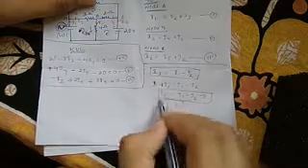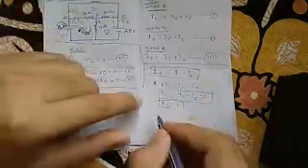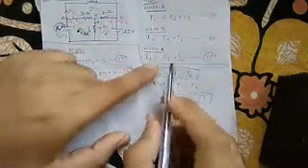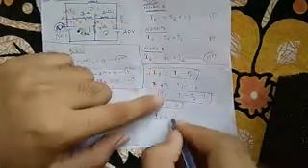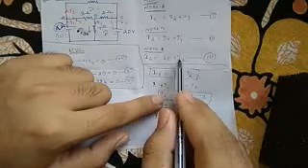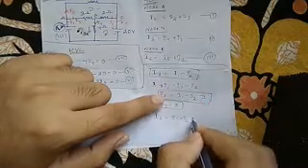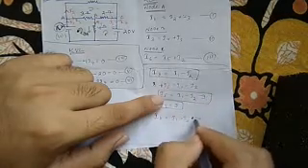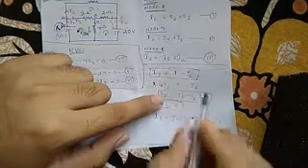Now the question comes to I6. I6 equals I5 plus I2, that is I1 minus I2 minus 3 plus I2.